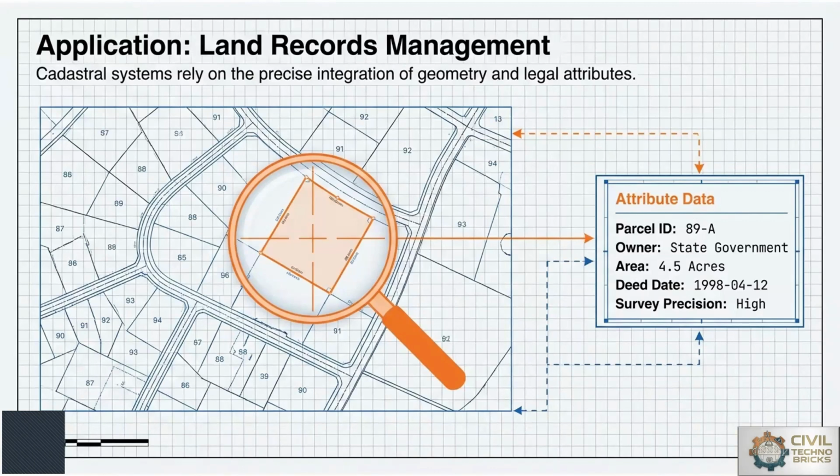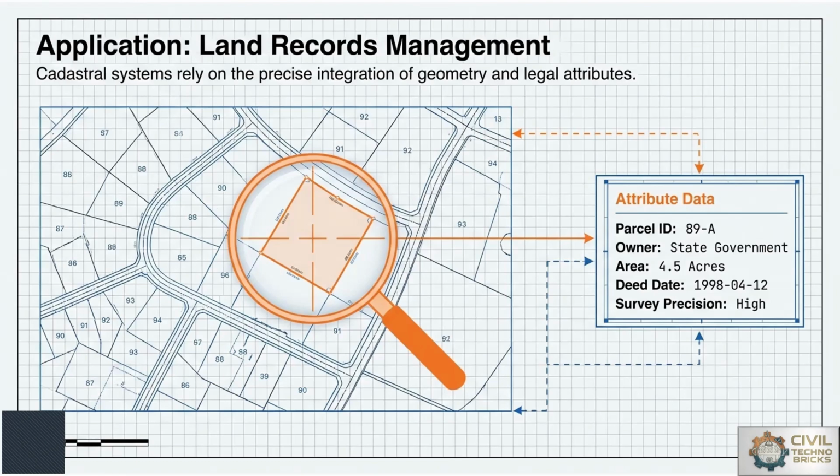Now, what are the applications in land records management? Just like the cadastral survey, cadastral systems rely on the precise integration of geometry and legal attributes. By using the layout, we can select any type of layout and with respect to that layout, we can zoom in with respect to some ID or some attribute data for any location or ground control point, where parcel ID is 89A, which is the nomenclature given.